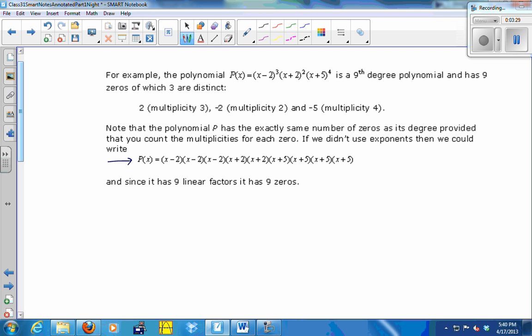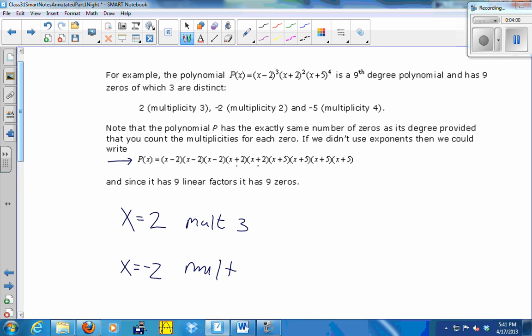Some may be complex, right? Some might have an imaginary part, some might not. And we have to count the multiplicities too. So altogether, taking all that into account, 9 zeros, same as the degree. So we get x equals 2 as a zero, but it's got multiplicity 3. And we get x equals negative 2 as another zero, but it's got multiplicity 2.